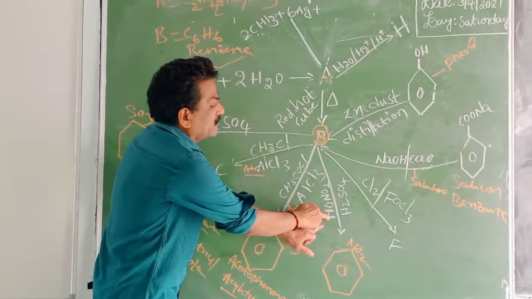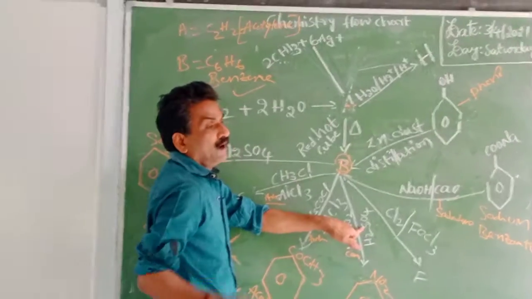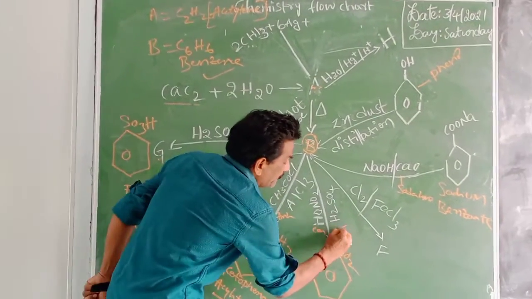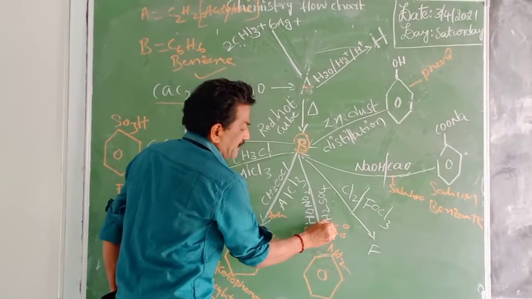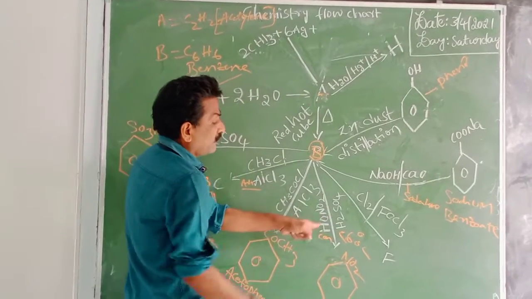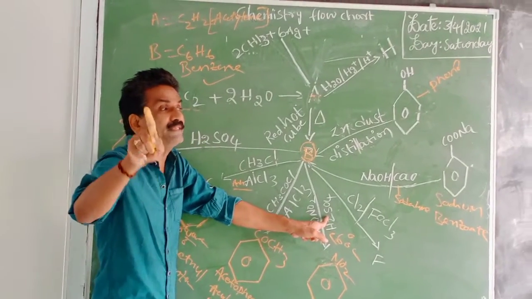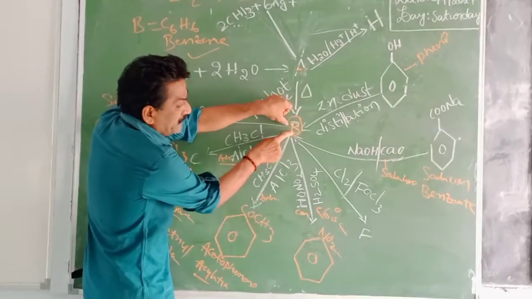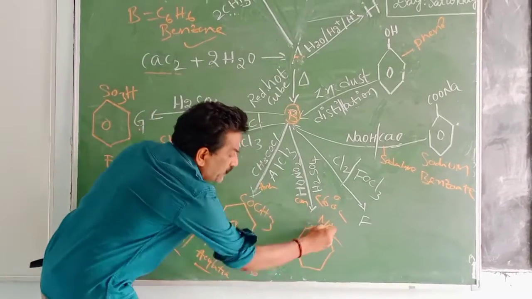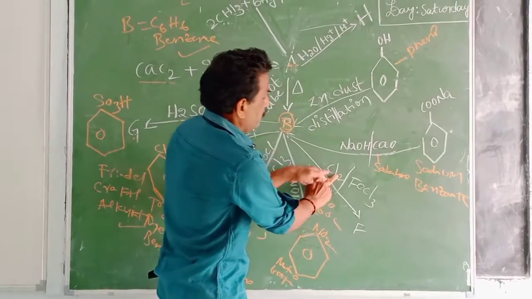At less than 60 degrees temperature, a mixture of con HNO3 and con H2SO4, called the nitration mixture, reacts with benzene and we get nitrobenzene.